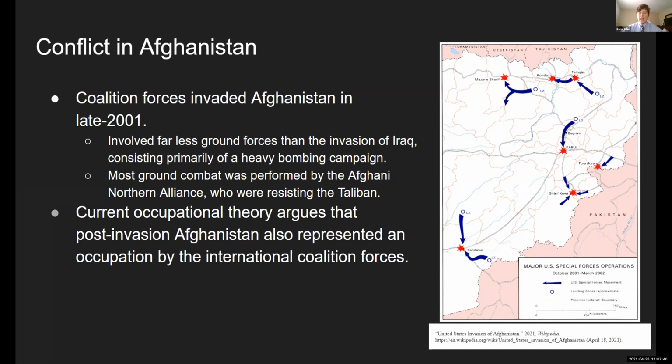They were actively resisting Taliban forces and continued to do so with our assistance after we got involved. We mainly performed bombing campaigns and special forces operations as opposed to the massive ground invasions that we would do in places like Iraq. And so this is where my argument comes in: most theorists argue that this is also an occupation by coalition forces.